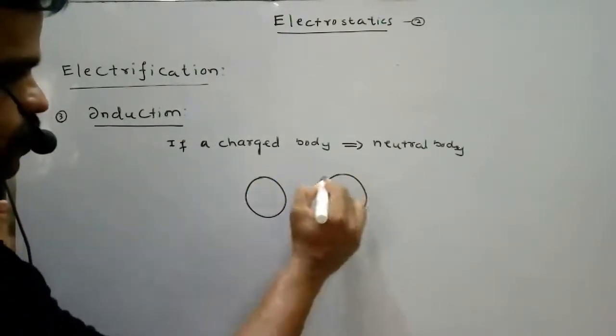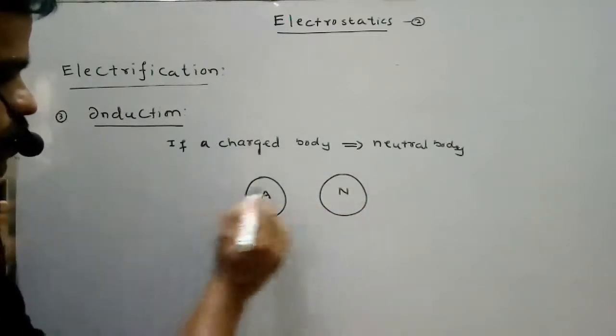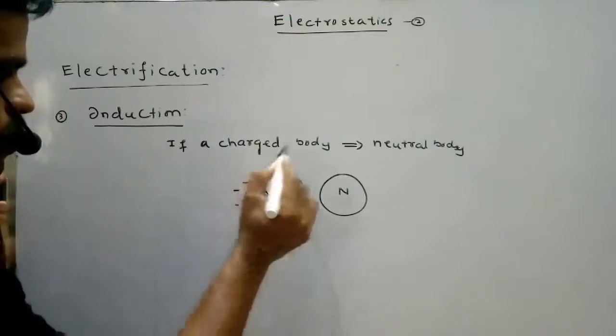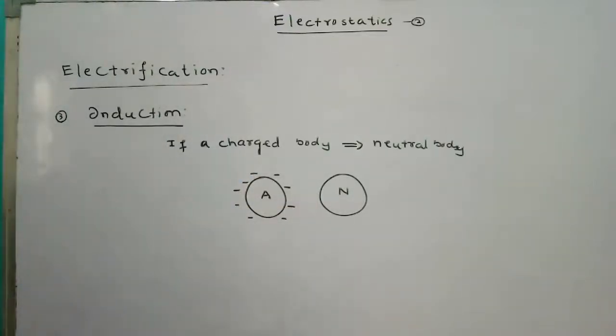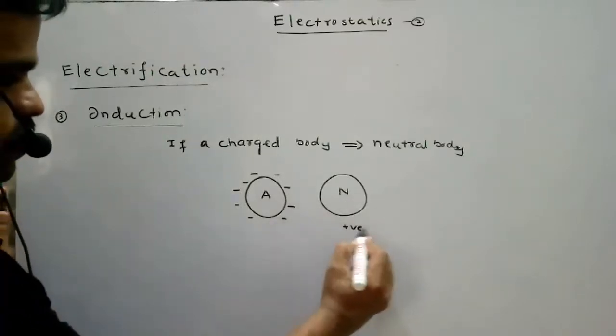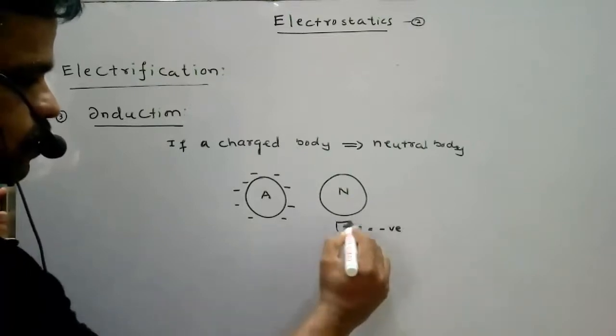This is the neutral body, and this is the charged body, which has negative charge. In the induction process, in a neutral body, the number of positive charges equals the number of negative charges.